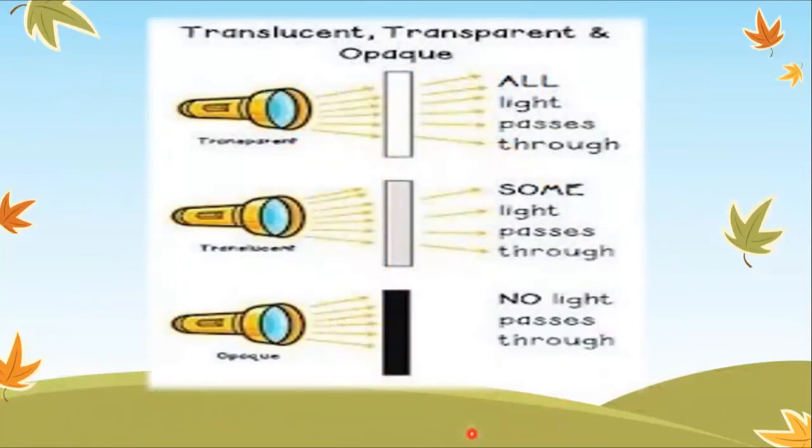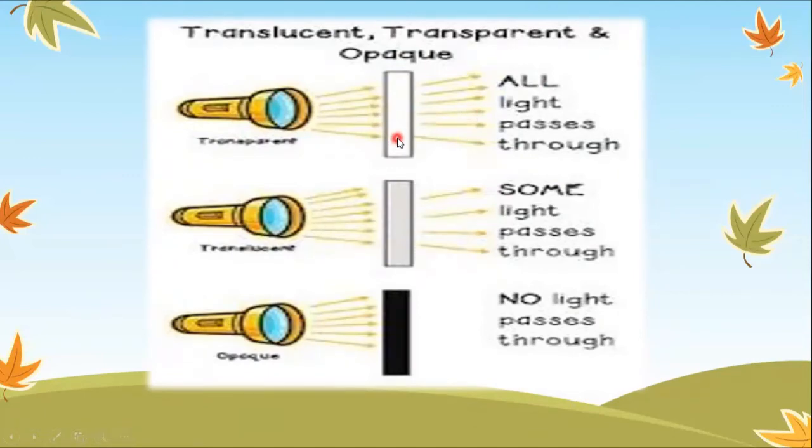Why can we see or can't we see things behind the material? Let's illustrate the first case. The first case is glass, a transparent material. Why can we see the picture behind a transparent? Because the torch is the source of light, which gives rays of light. All or most of the rays of light pass through it.